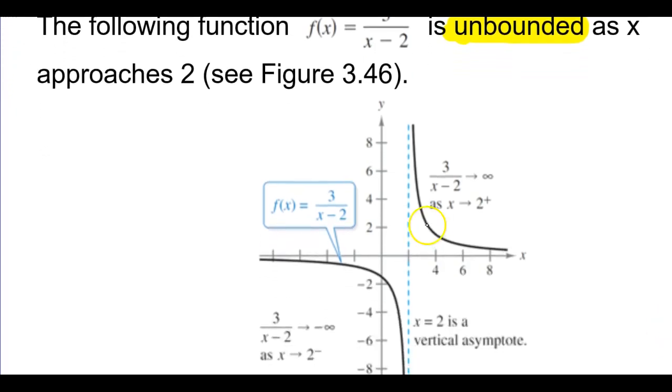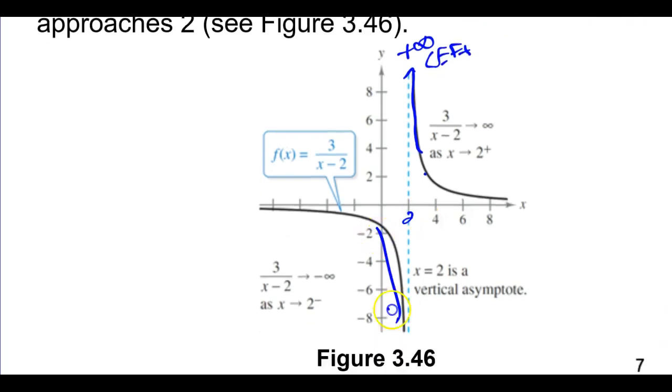So sometimes with vertical asymptotes, as they approach maybe 2, they'll go to positive infinity from the left, and they'll go to maybe negative infinity from the right. So here's the answer, and this is how to denote approaching 2 from the left. This little minus sign right here means from the left.